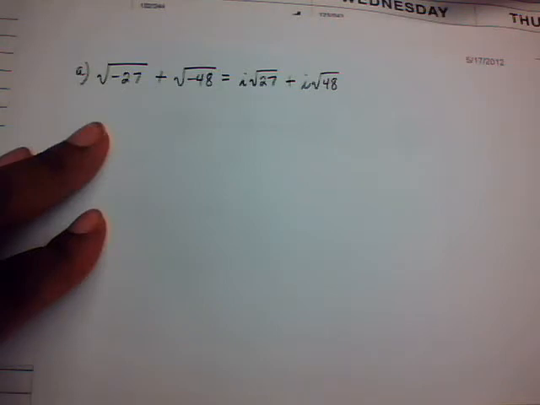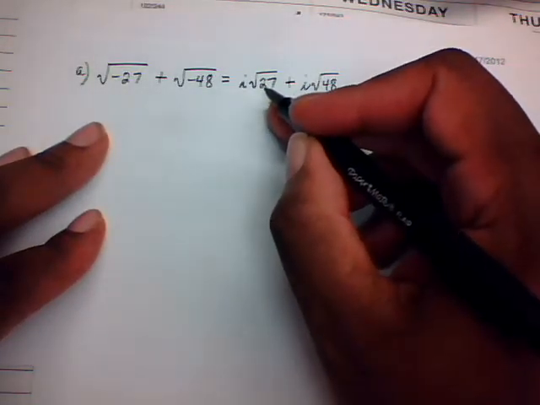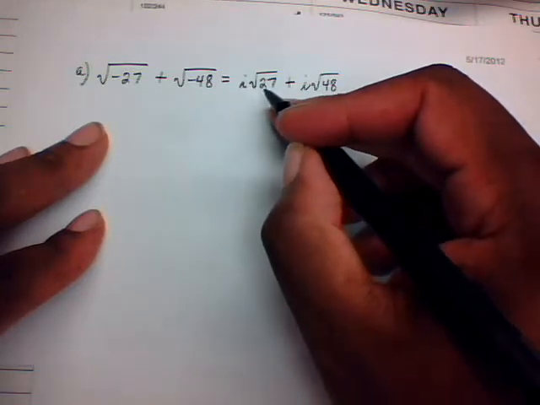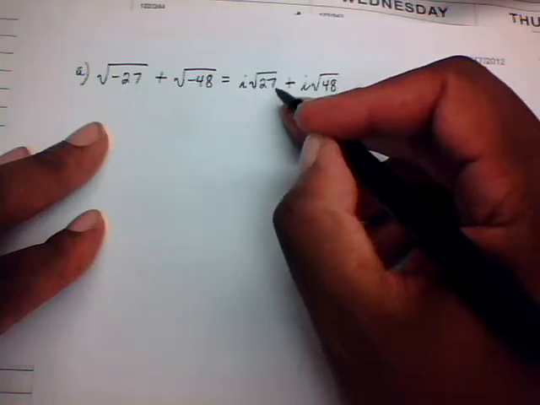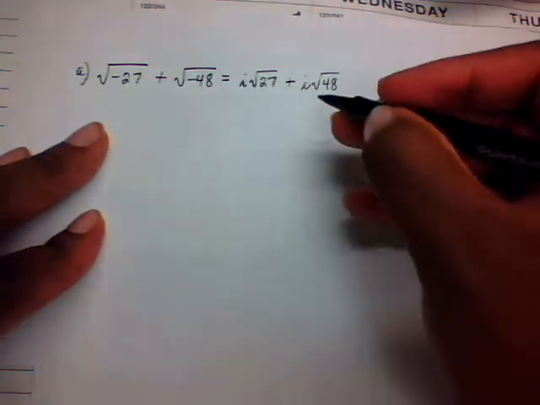All right, now the next step would be to simplify the square root of 27 and the square root of 48. Now 27 is not a perfect square, but it does contain a perfect square, so the only way we can do this is find the largest perfect square that can go into 27 and the largest perfect square that can go into 48.